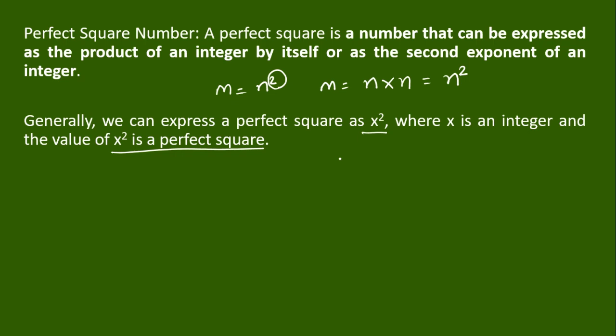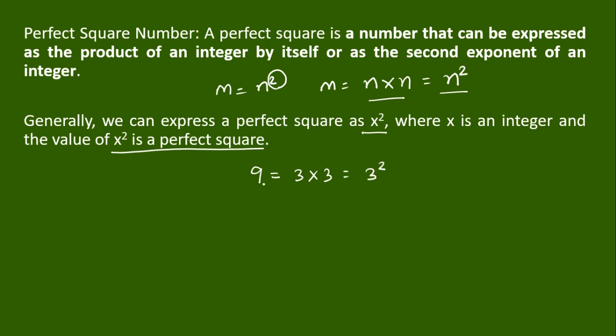All numbers cannot be perfect square numbers. Only the numbers which can be expressed as n square or n multiplied by n are termed as perfect square numbers. An example of such perfect square numbers, just consider 9. So 9 is equal to 3 multiplied by 3, that is equal to 3 square.